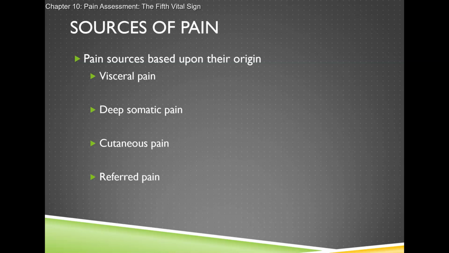This is a type of pain that's from a big organ. Okay. Then you have what they call deep somatic pain. Now, visceral is the big organ. Deep somatic pain is musculoskeletal.